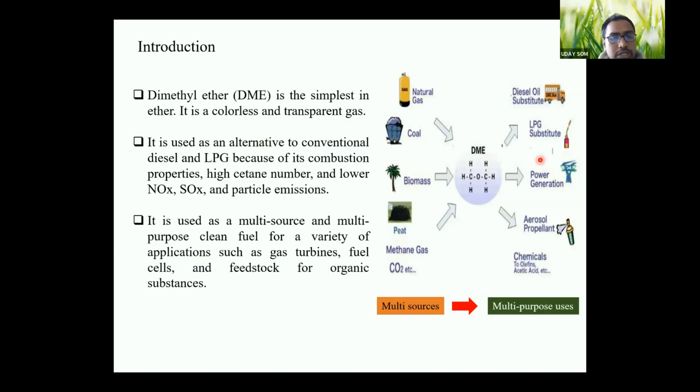I also show pictures of how we can use DME and its applications. It is a multi-purpose, multi-source clean fuel for a variety of applications, such as gas turbines, fuel gas, and feedstock for organic substances.